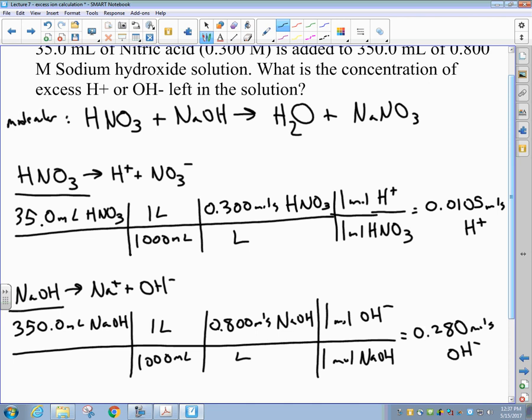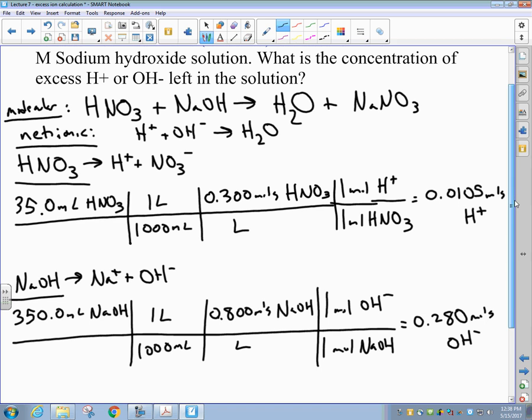If you remember from our previous units, if we were to write a net ionic equation for this, our net ionic equation would be H positive plus OH negative gives us H2O. In other words, H positive and OH negative combine together to form water, all in a 1-to-1 ratio.